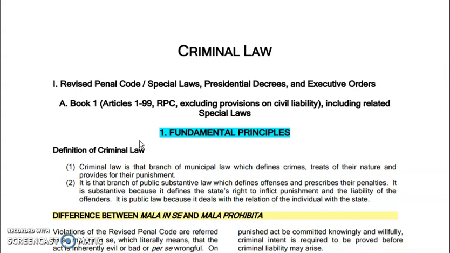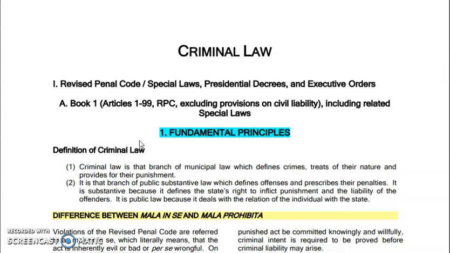But it must be in violation of a public law that either forbids it, so once you commit it, it makes it a crime. Or commanding it. So that is what the law encourages, but you did not do it, you can also be held criminally liable. Okay.